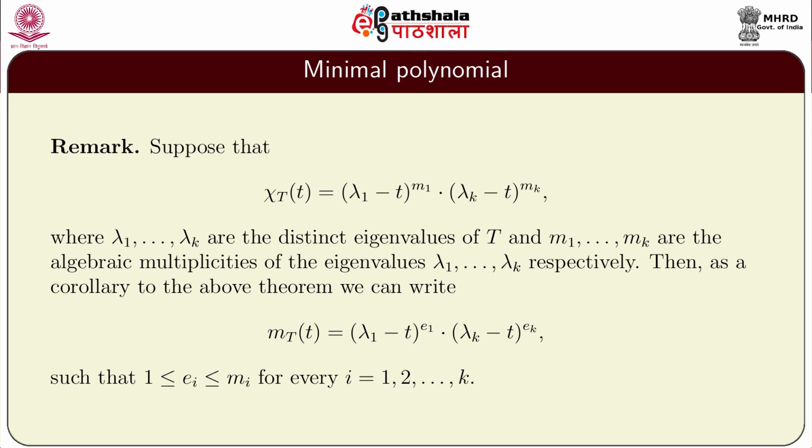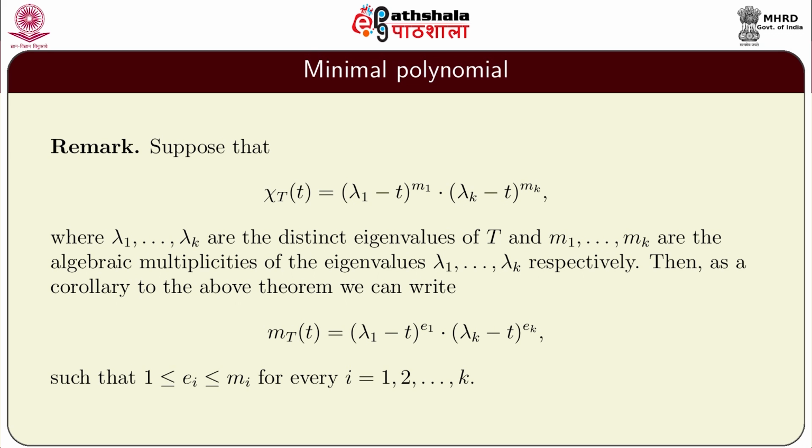Then, as a corollary to the above theorem, we can write that the minimal polynomial m T of t is given by the factorization (lambda 1 minus t) raised to e1 and so on up to (lambda k minus t) raised to e k, with the property that the integers ei are positive and they are less than or equal to mi for every i from 1 to k. Why is this true?